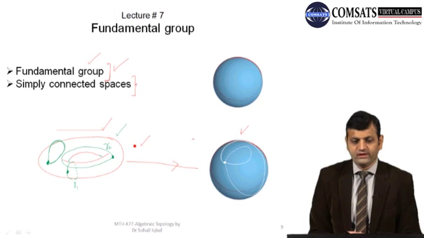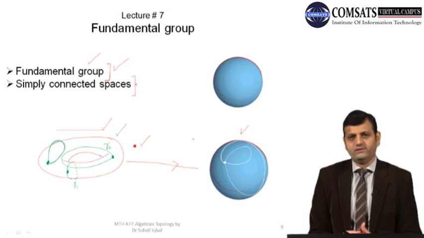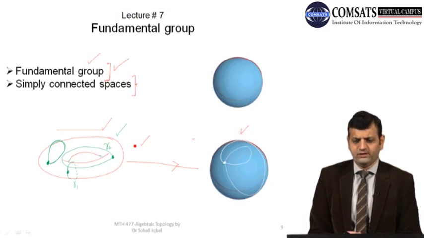That's why we are going to need some further machinery in order to differentiate between two spaces of higher dimensions. For example, if you remember, the spheres Sn when n is greater than or equal to 2 are simply connected. In other words, the fundamental group is trivial.